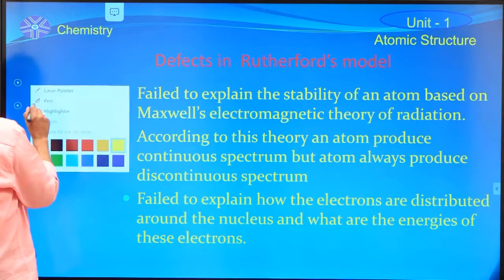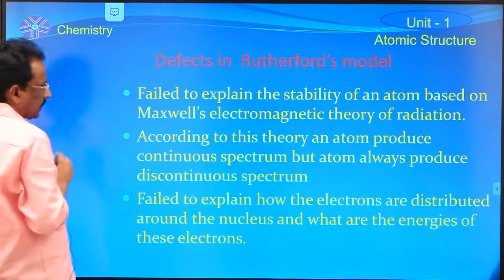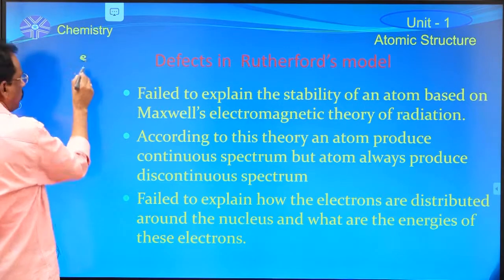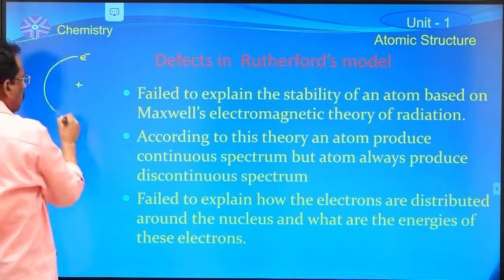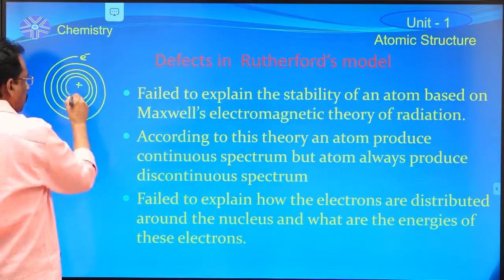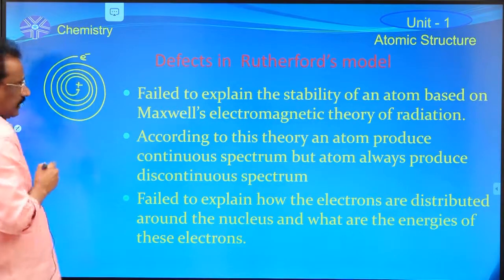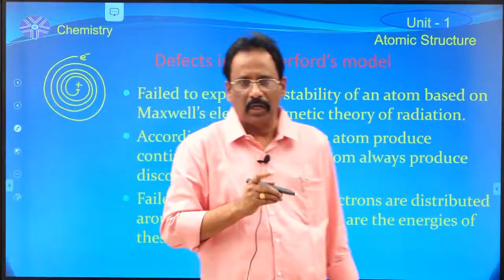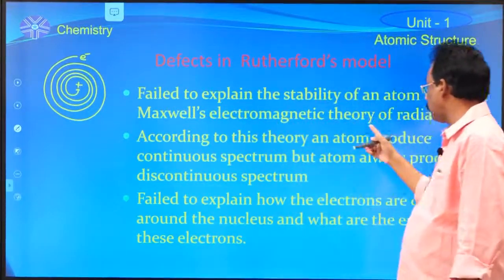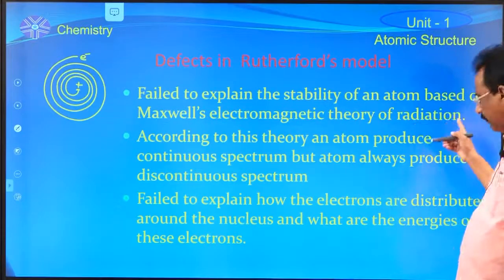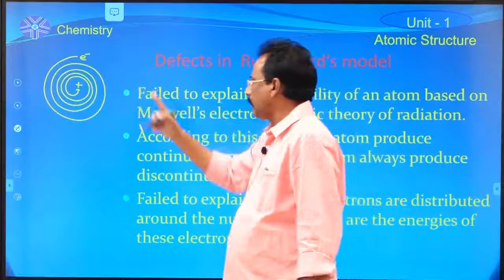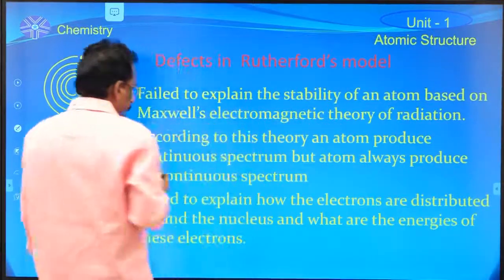It may fall into the nucleus. So, if this is the nucleus and this is the position of the electron, it loses its energy continuously like this. It may fall into the nucleus like this. That means the atom will collapse at that time based on Maxwell's electromagnetic theory of radiation. That means this model also failed to explain the stability of an atom.